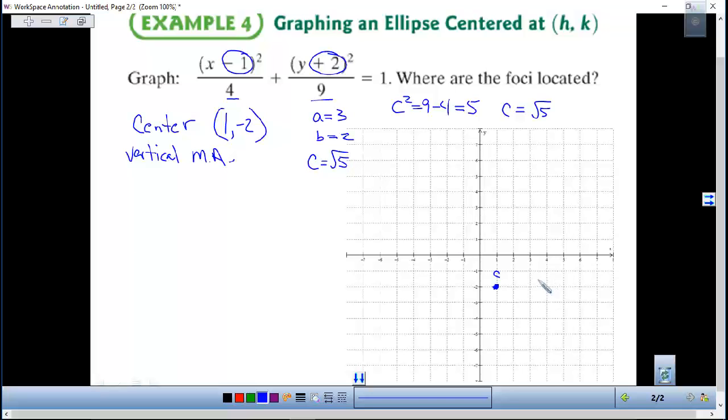All right, and then from there, remember, all we need for our major vertices, since it's a vertical major axis, we're going to add and subtract a to y. So from my center here, if I'm at (1, negative 2) and I add 3, 1, 2, 3, I'm going to have a vertex right there.